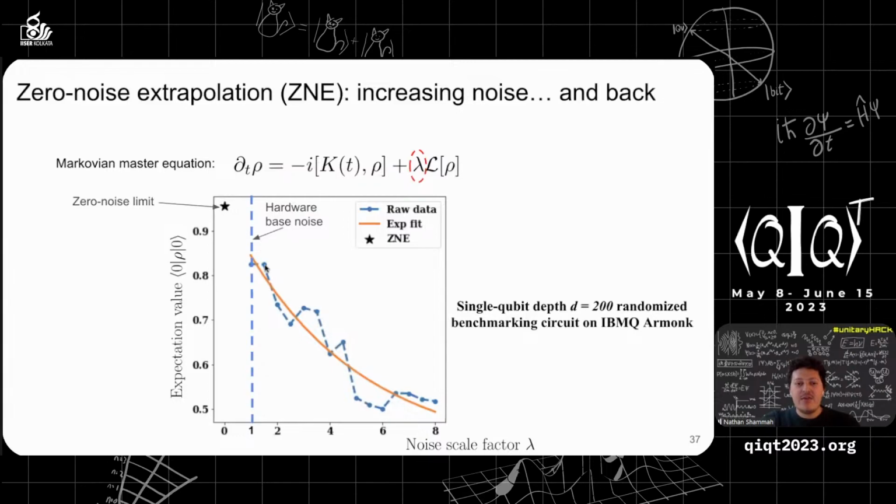And then here you see the folding that is applied to bigger noise scale factors, and then it's used to extrapolate the zero noise limit. So this part is actually inaccessible, for noise level from 1 to 0, but it's actually estimated, inferred, thanks to this other sampling. And this is, in this case, an exponential fit. It is actually data from an IBM Q Armonk device over a randomized benchmarking circuit.